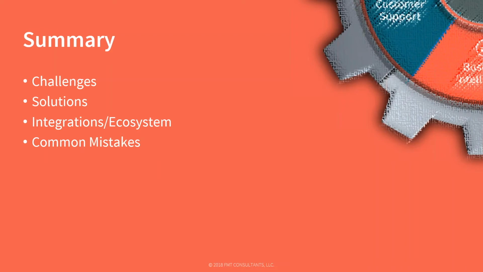We just looked at a few, but NetSuite has an entire ecosystem and a website at suiteapp.com that really talks about and gives you detail on all the third-party modules and applications that are available that integrate with NetSuite. And then we looked at some of the common mistakes and gotchas relative to our implementations.